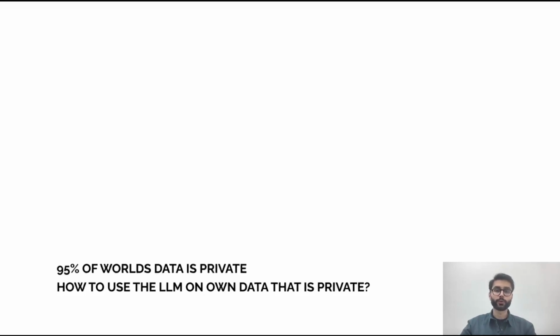Let's suppose in your organization, you have to find out how many employees are earning above this much. How are you planning to get the answers from the LLM on the basis of a context that it isn't aware of? So how to use an LLM on your own private data? This is the major question that comes before the RAG approach.